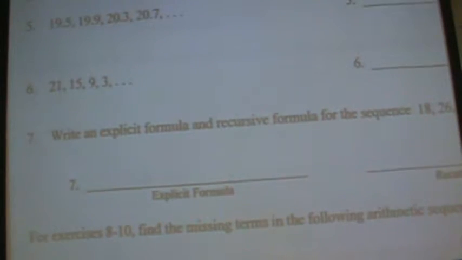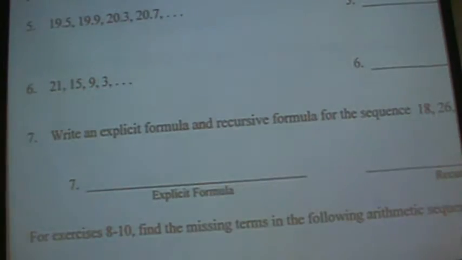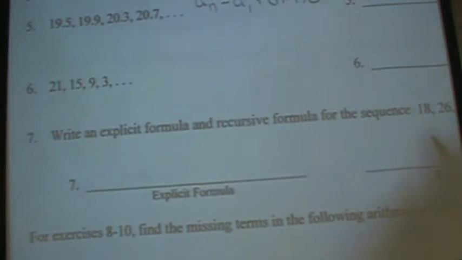For number 5 and 6, you need to find the 22nd term of the arithmetic sequence. So they're already telling you that this is an arithmetic sequence. So you're going to use the explicit formula for arithmetic sequences, which is an equals a1 plus n minus 1 times d. So you're looking for a22.